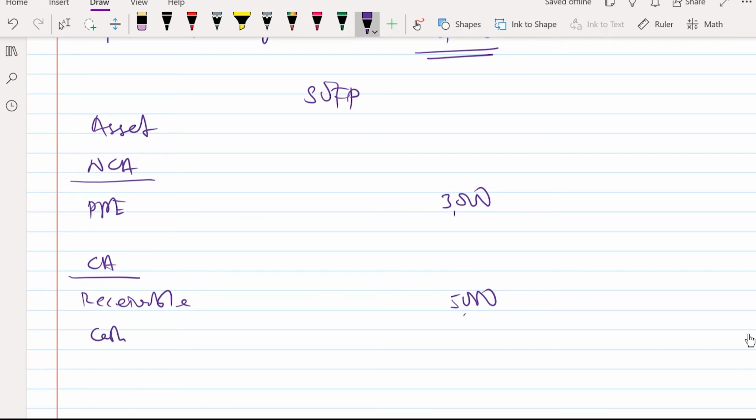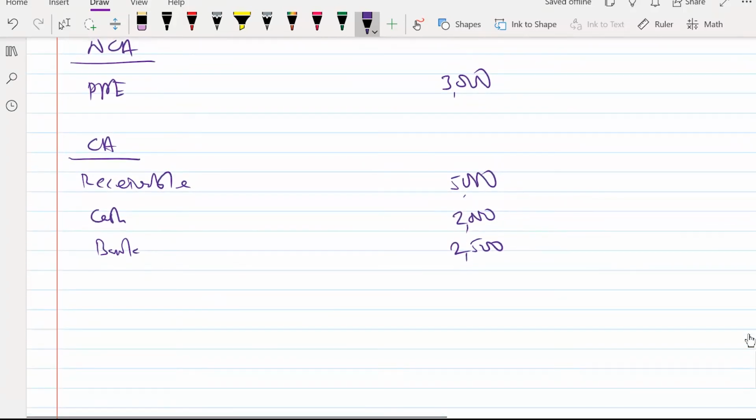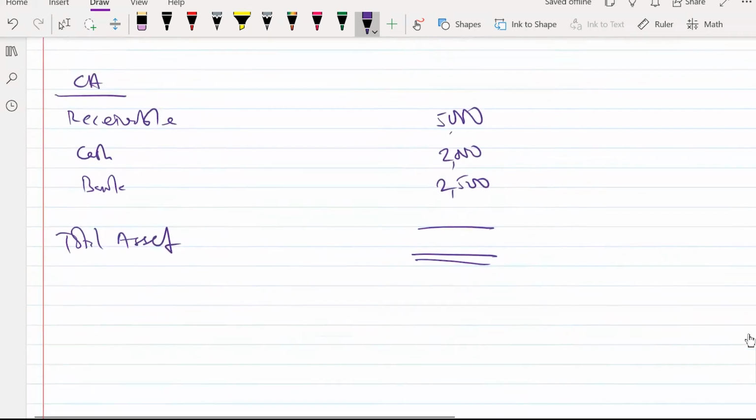Then we have our cash and bank. Cash is 2,000. Bank is 2,005. Of course, this will give us total assets. So we sum that up later.